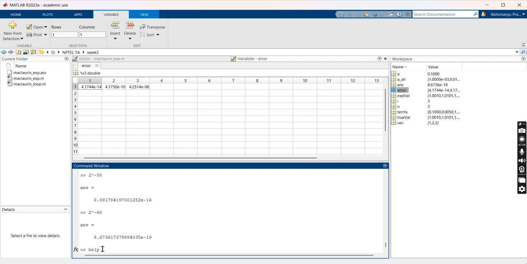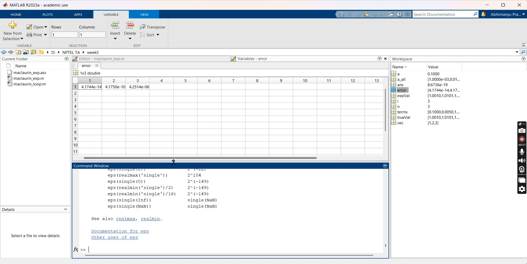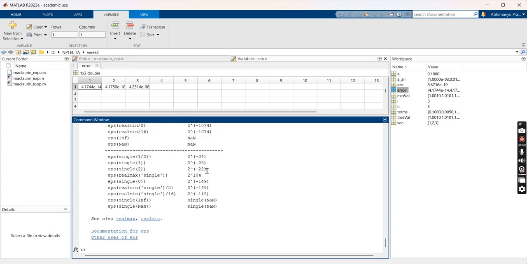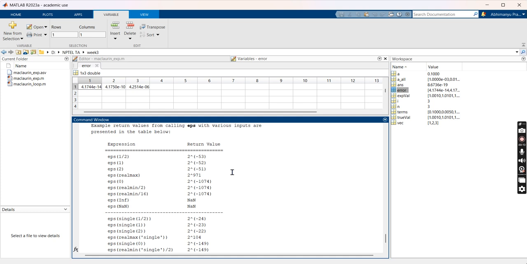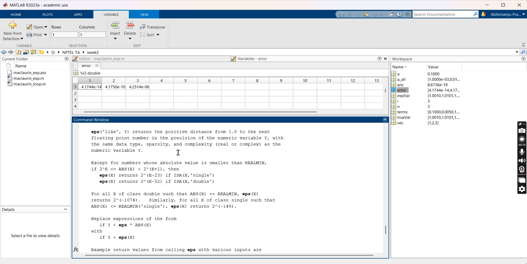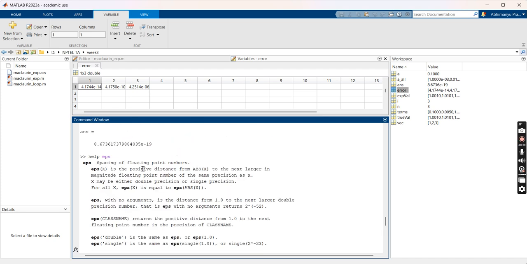Like if I type help, yes. The positive distance from x to the next larger magnitude floating point number of the same precision as x.